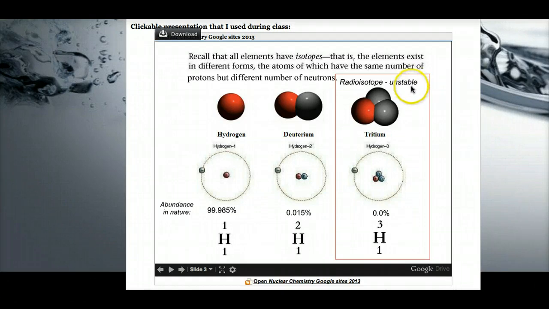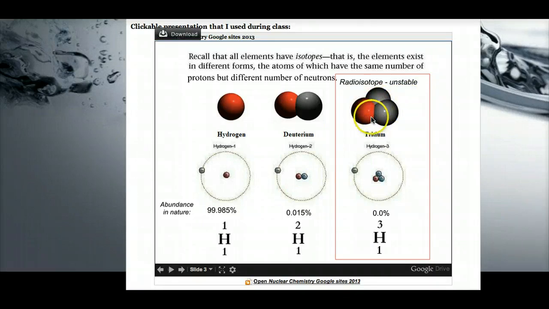That really means, guys, that there are isotopes of elements that are unstable. Now, when I say unstable, I mean the nucleus is unstable. We call it a radioisotope because this form of hydrogen is radioactive, meaning it's going to have some form of that invisible energy emitted, and the reason why it does so is because it's unstable.